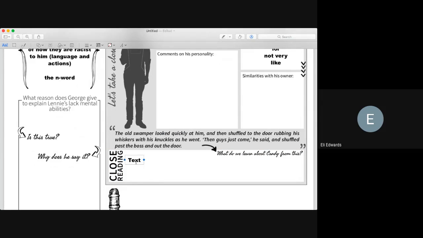Where he shuffles, what does that show us? How would you describe him based off of that? Also, since he has whiskers, that shows us that he's older. I also want you to think about his response. What does that show about him?